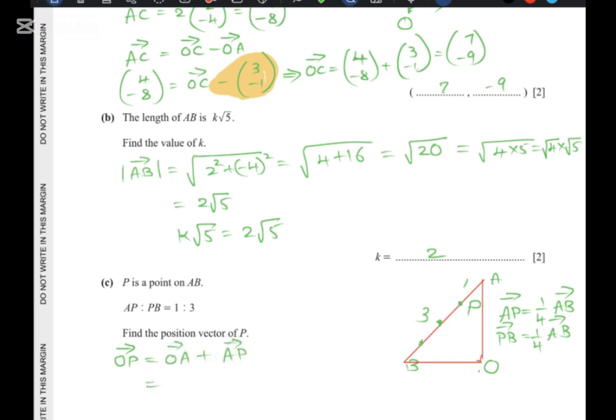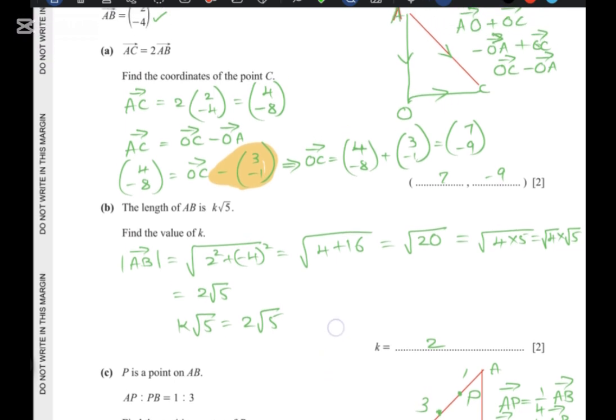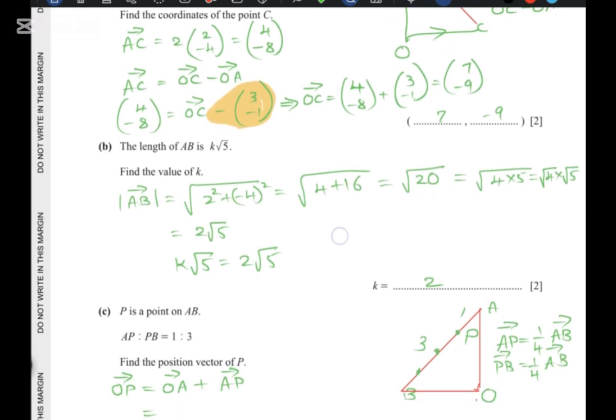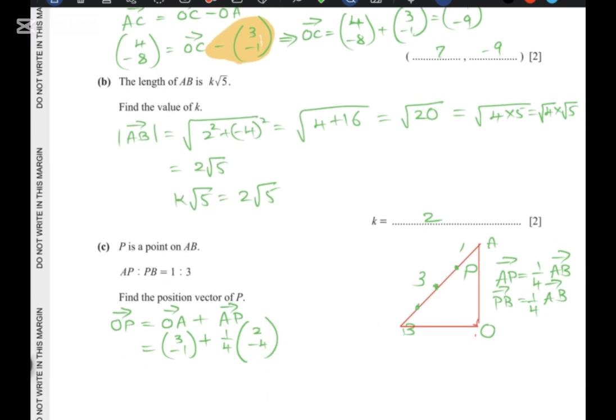So OA is already given to us, that is the coordinates of A, which is (3, -1). So (3, -1) plus AP, which will be 1 by 4 multiplied by AB, which is (2, -4). Now (3, -1) plus 1 by 4 into 2 and 1 by 4 into minus 4. 2 times 2 here, and the 4 cancels out.